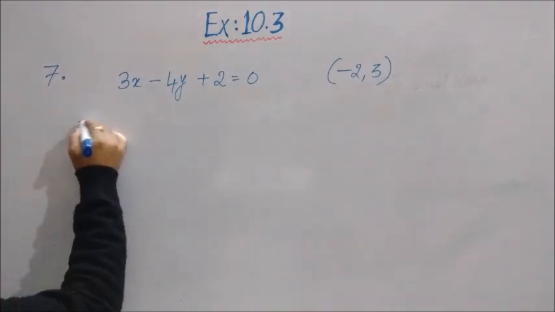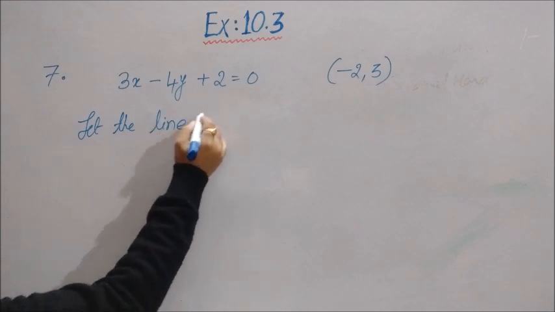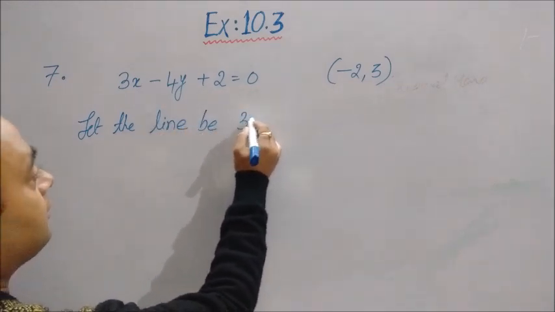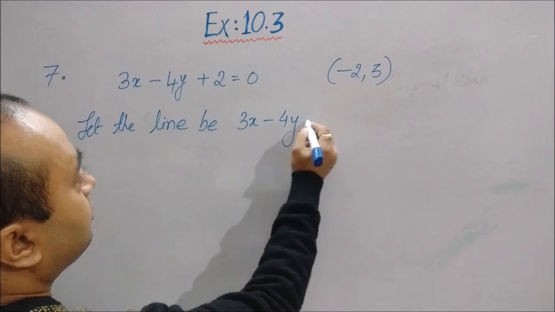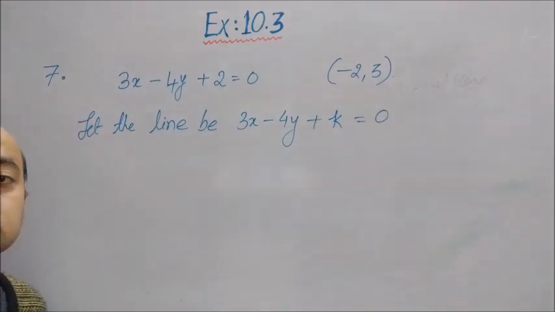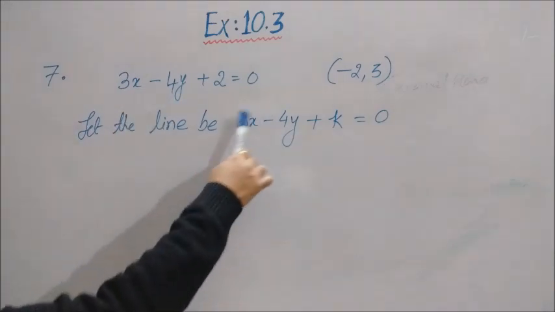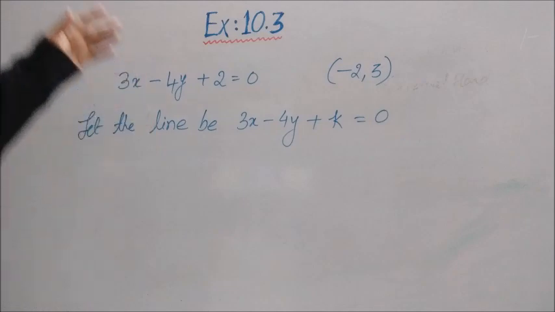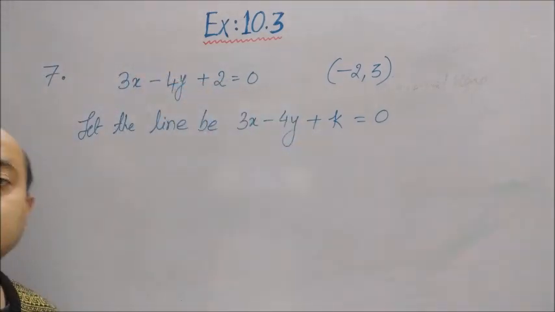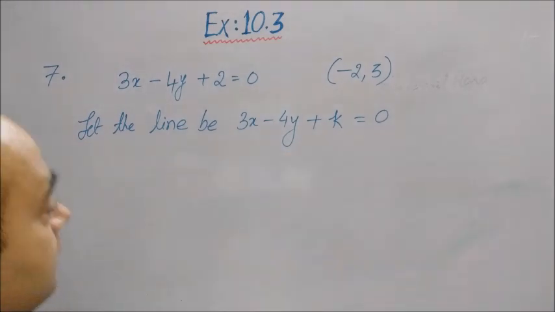So write down, let the line be 3x minus 4y plus k equal to 0. Because the slope will remain the same, only the constant will differ. That means two parallel lines differ by only the constant.